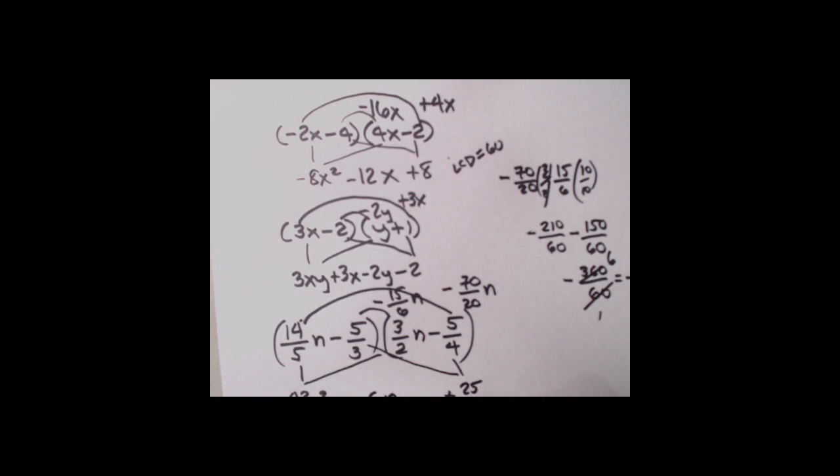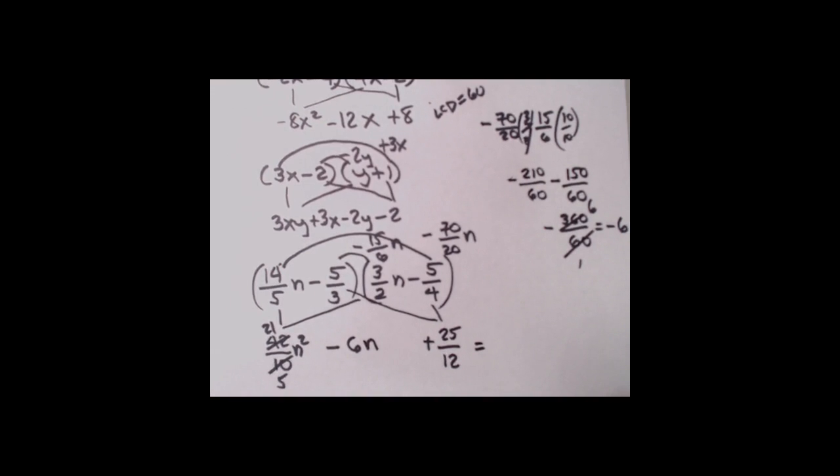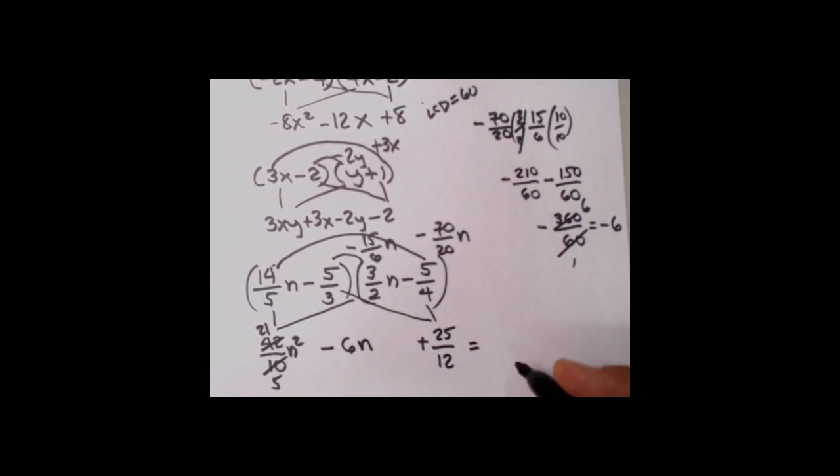Well, the last guy can't be reduced, but the first guy can. We can reduce the 2 top and bottom. 2 goes in the top, 21, and the bottom 5. So our final answer to this one right here, okay, is going to end up being 21 over 5 n squared minus 6n plus 25 over 12.